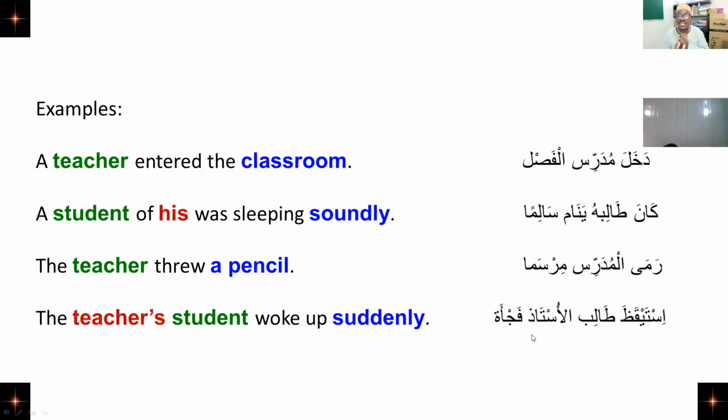Or if it finds itself in a status of jar, we say the ism is majrur. And the signs for rafa and nasb and jar vary according to so many other things that we are going to talk about. The primary sign for rafa is dhamma, the primary sign for nasb is fatha, and the primary sign for jar is kisra.